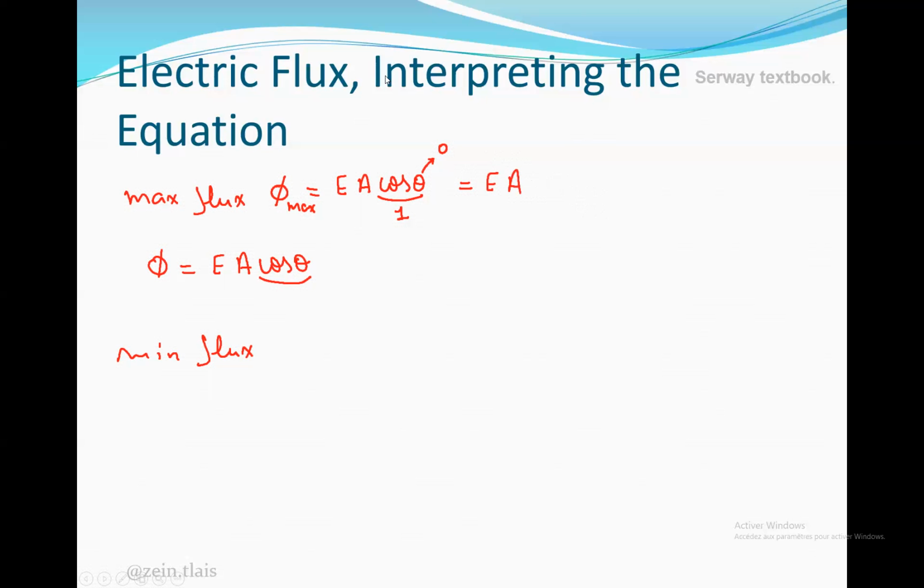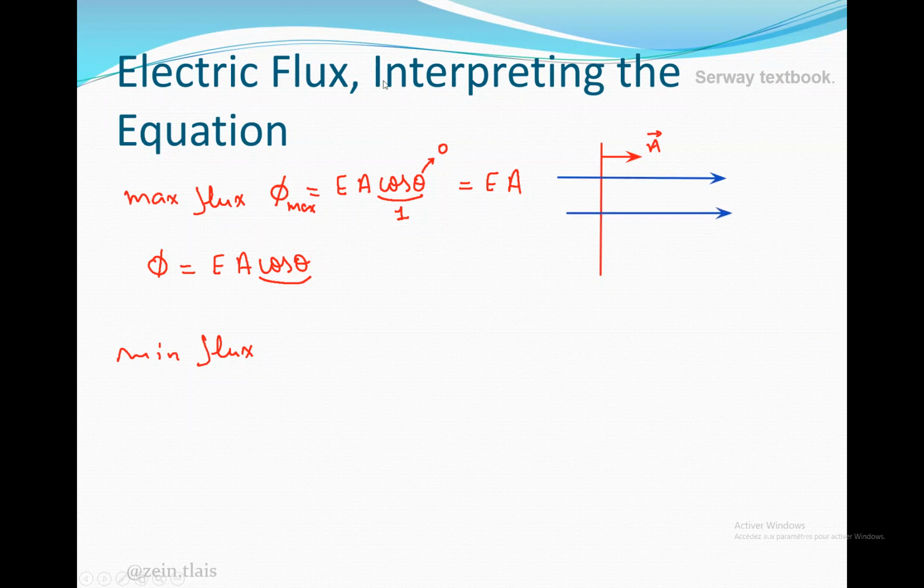In which case, like the first case, here we have a plane. It's a lateral view of this window. Here we have a vector, and we have a constant electric field like this.